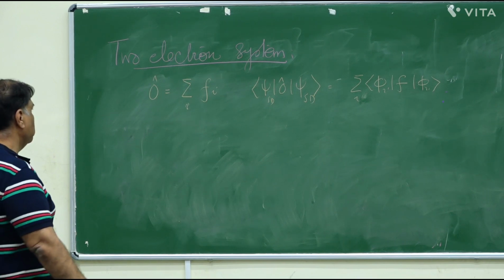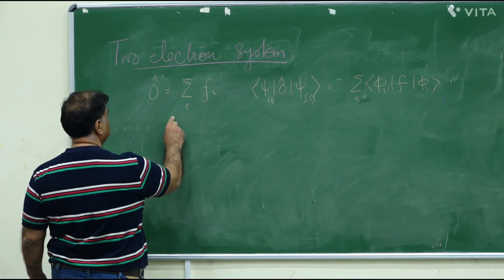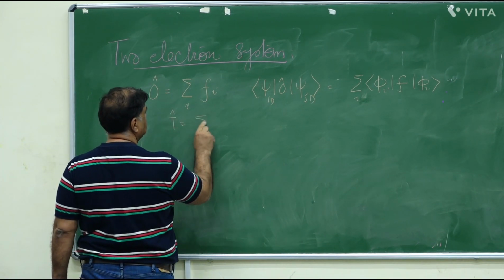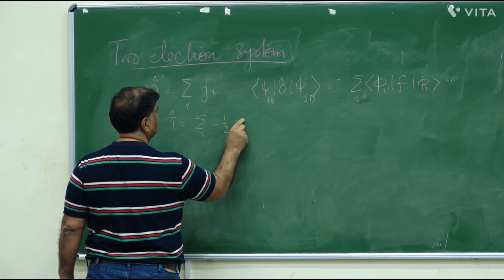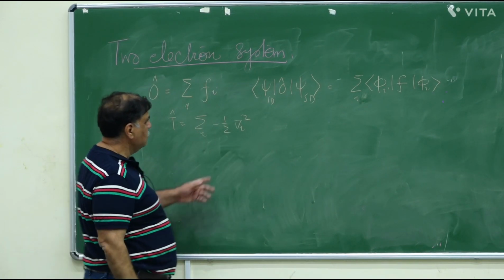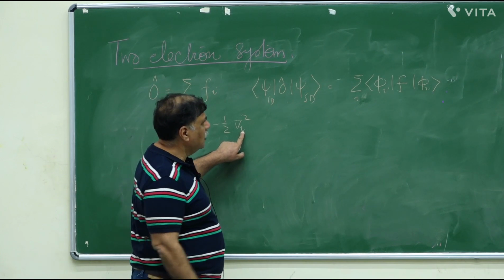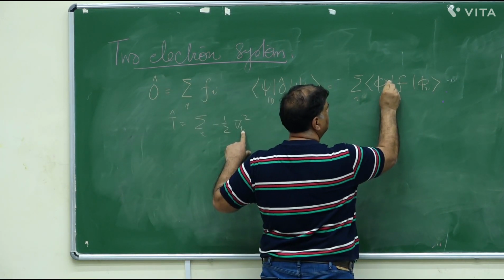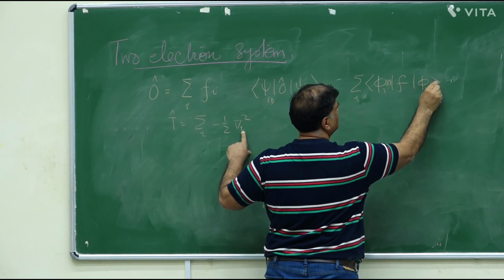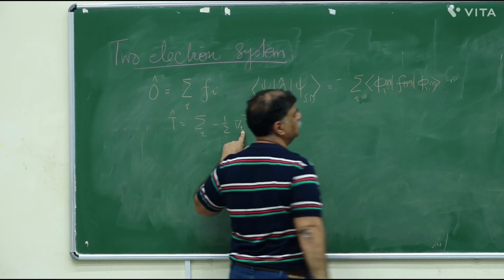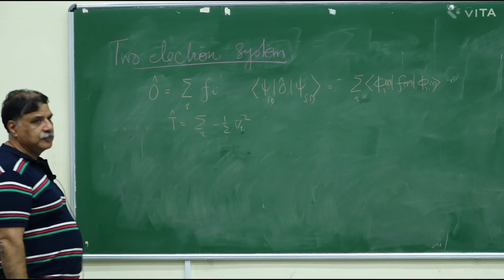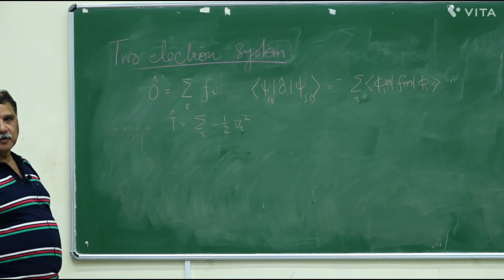This is a general rule. So your f would be, for example, the kinetic energy operator, which will be summation over i of minus 1/2 del_i squared, right? And notice this i is gone because here is r, it becomes a dummy variable. Okay, this you can just go home and work out.